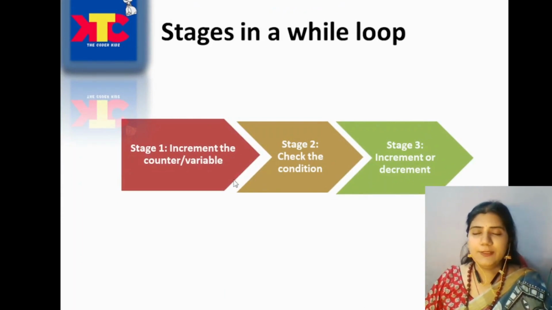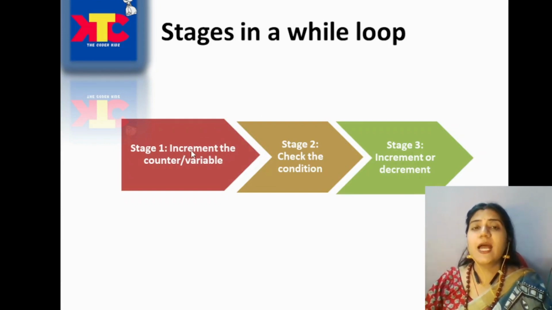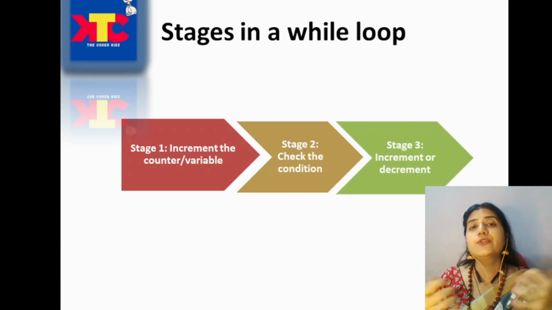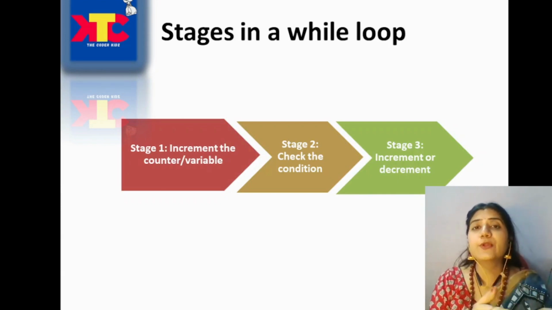Now let's see the different stages of a while loop. Here, my bad, I have written increment here. Stage 1 is all about initialization. I'm going to correct it. So it is about initializing the counter or the variable. There has to be a variable which you use to maintain a condition, to determine how many iterations you have to perform in your loop.